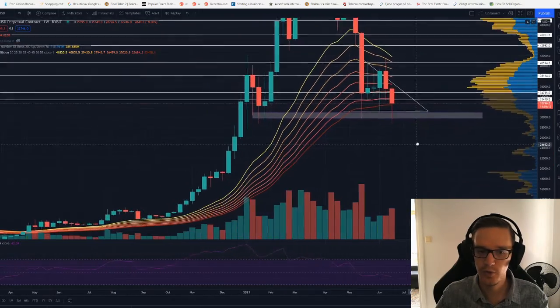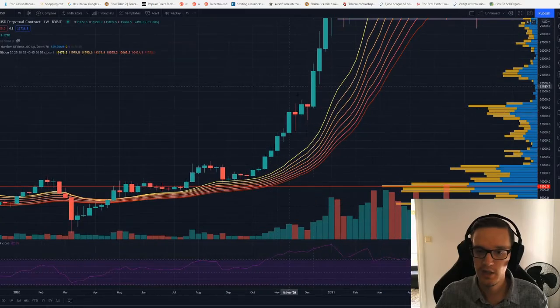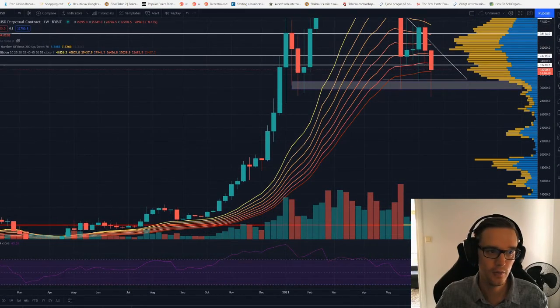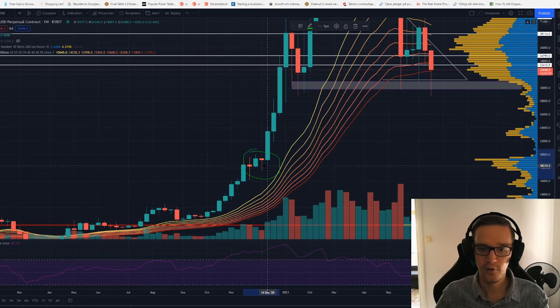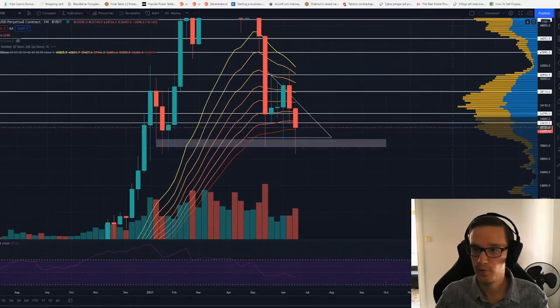I can show you if we go back. We have one. Zoom in a little bit. Here you can see for yourself what happened after. Here we have a hammer, and after a hammer, if the next candlestick is green, you are going to see continuing upwards price action.